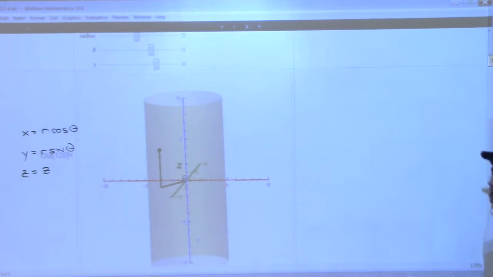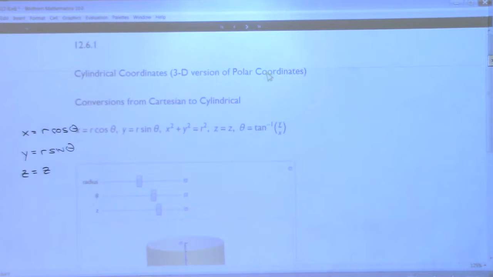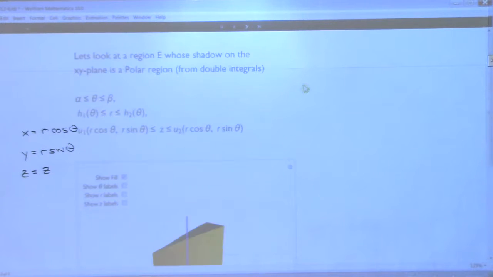So now that we've somewhat established what the coordinate system is, how are we going to use these to do triple integrals? Because that's what this part of the chapter is about.